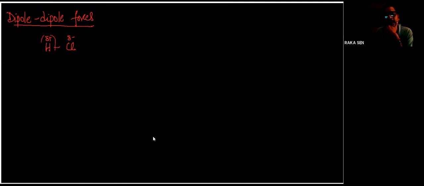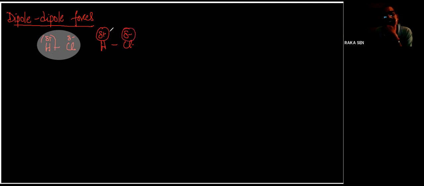This is my entire molecule. I have a delta minus center here, H plus here. Now suppose I have another molecule here, H and Cl. I have delta plus here and delta minus here. In this case the direction of the dipole is this, and in this case the direction of the dipole is this. Now look here.